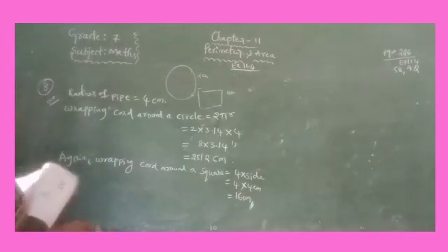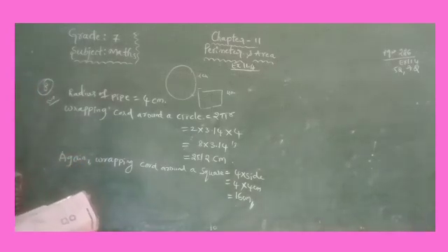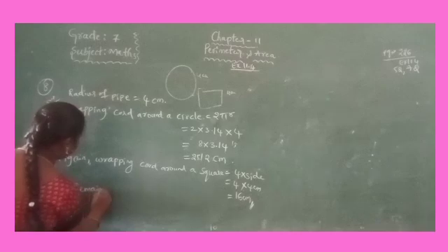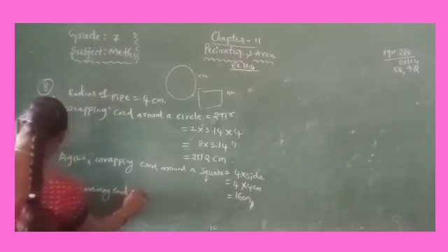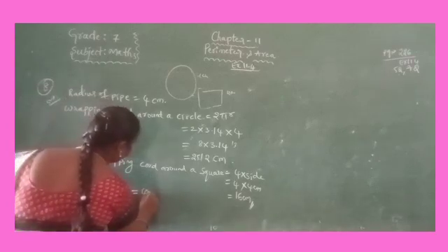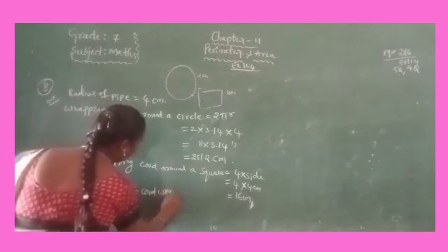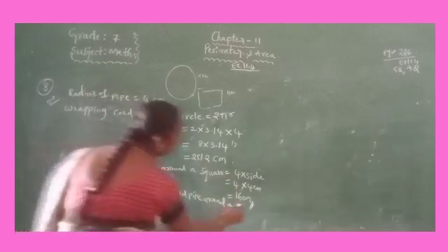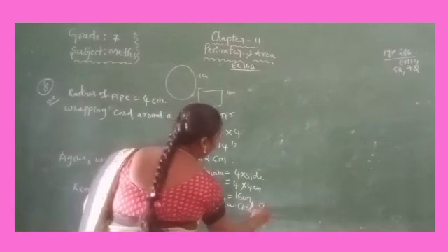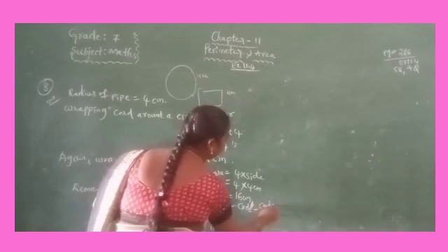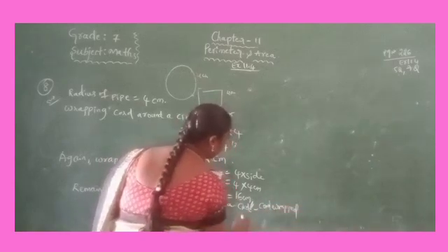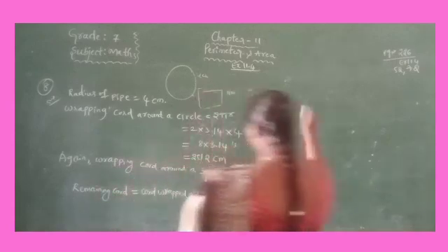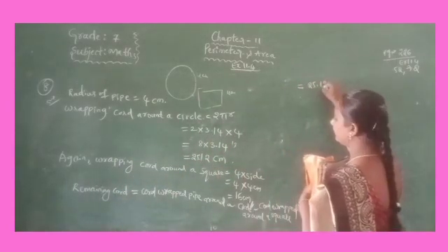Okay, so what do you have to find now? If she has cord left, by subtracting we can find the remaining cord. Remaining cord is equal to cord wrapped around the circle minus cord wrapped around the square. Around the circle, how much cord has she wrapped? 25.12 centimeters.